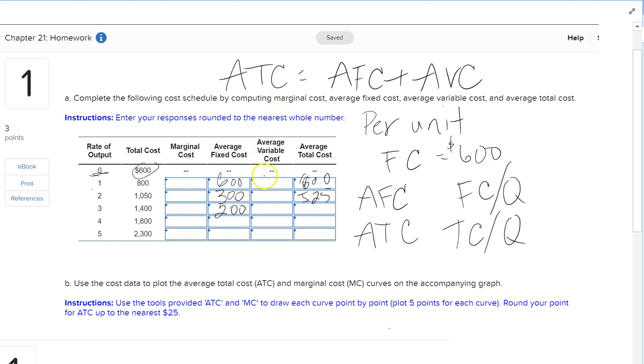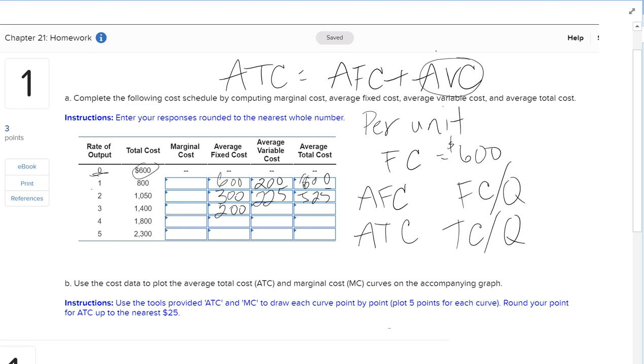So in this case, our average variable cost is going to be 200, and that's actually our total variable cost, but it's divided by 1. Our next average variable cost is the difference between average total and average fixed. And so in this case, we can see really easily that it's 225, and we'll continue the same way. We're just finding this value as the difference between average total and average fixed.